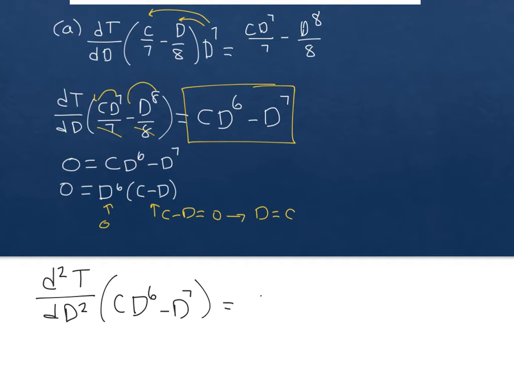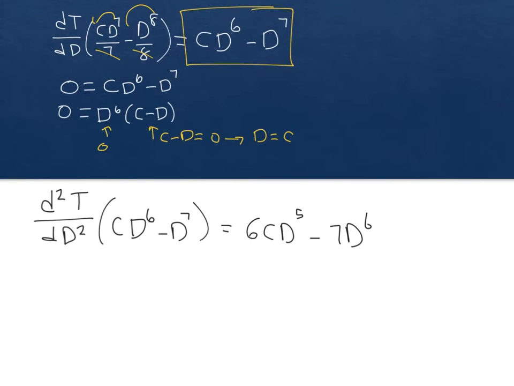This would be 6CD to the 5th minus 7D to the 6th. This is my second derivative that I'm setting equal to 0. Once again, I probably would factor out a D to the 5th, so that leaves me 6C minus 7D.